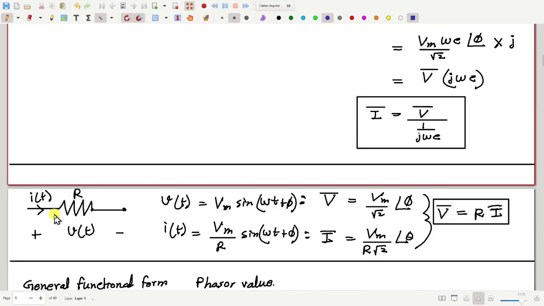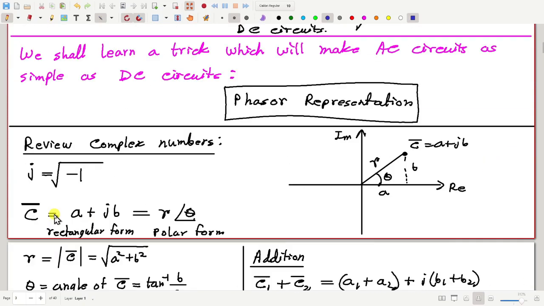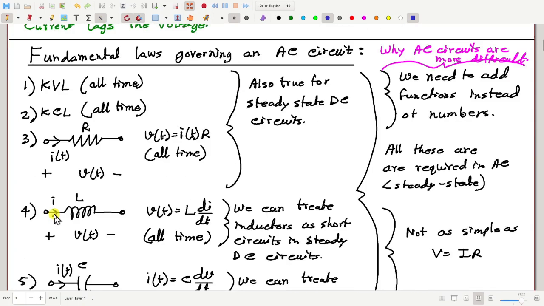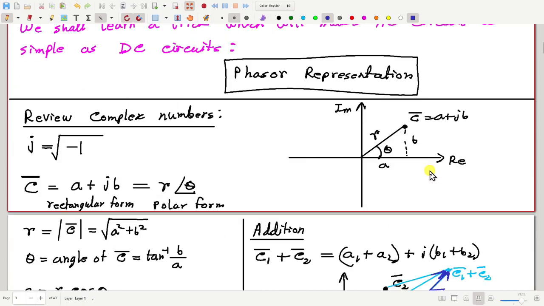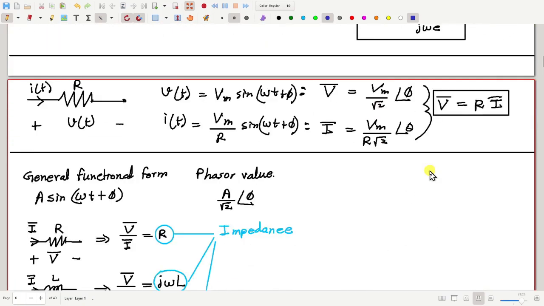Yesterday we were discussing why it is difficult to work with AC circuits compared to DC circuits. But now we see all these problems are solved when we use phasor values. We shall see some examples of this.